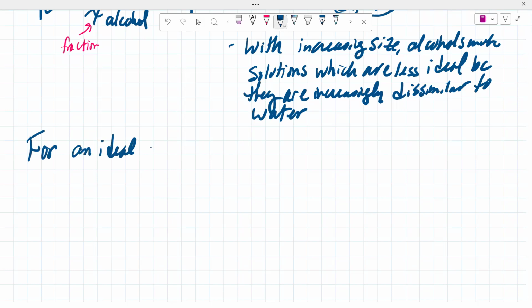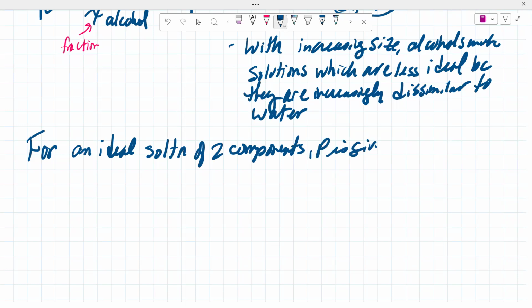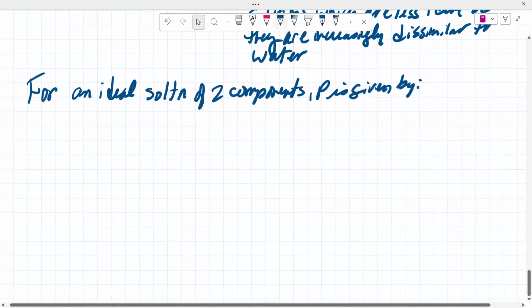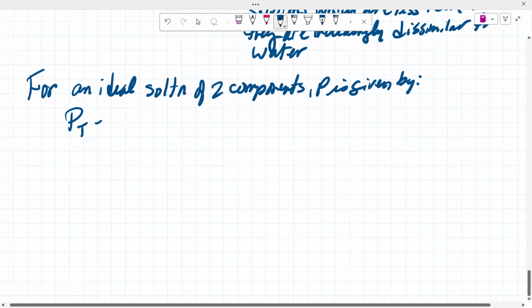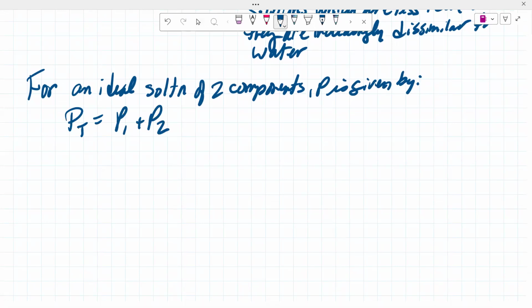An ideal solution, 2 components. Pressure is given by this equation. Pressure total equals the sum of the 2 pressures, P1 plus P2.